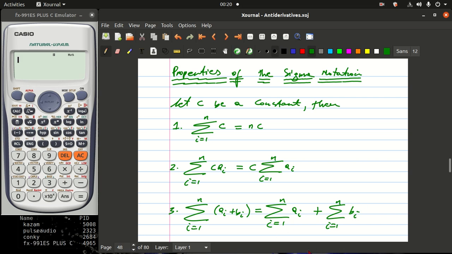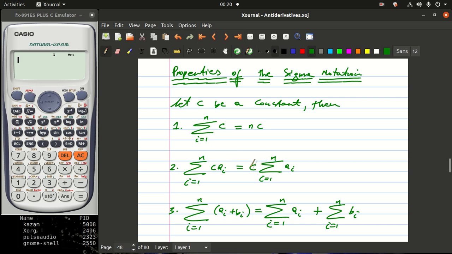In other words, I have these two sequences, and I can split them into two and find the sum of the first n terms of the first sequence and also the sum of the first n terms of the second sequence. And for this one, you can see that this is a sequence, but there's a common factor.